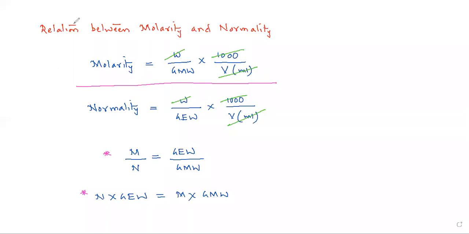Now let me give you an example on this. Let us consider, say, a regular one, sulfuric acid. You know, the gram molecular weight of sulfuric acid is 98 grams.